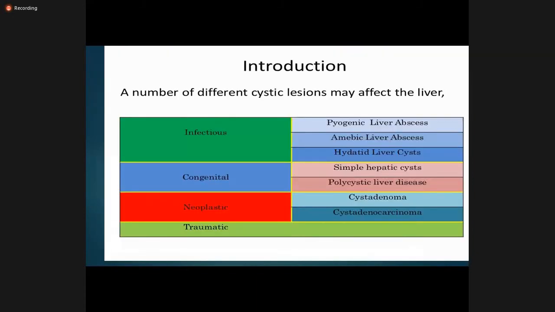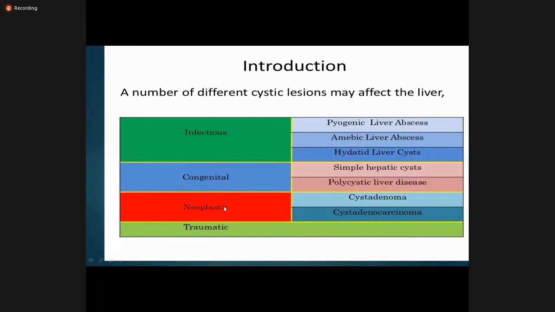Now we come to the topic of the different cystic lesions that may affect the liver. As we discussed, pyogenic liver abscesses are usually multiple, amoebic liver abscess is usually single, and then there is the hydatid cyst from Echinococcus granulosus infection. These are in the category of infectious. Then there may be congenital cysts as well, simple hepatic cysts, or polycystic liver disease.